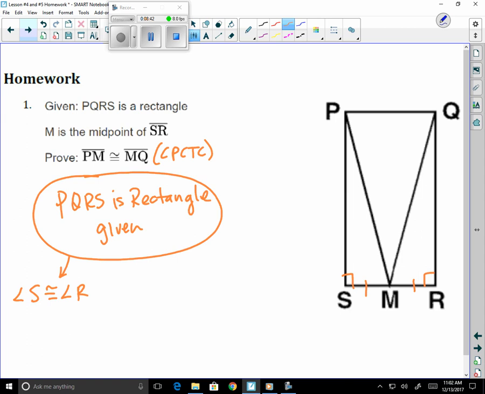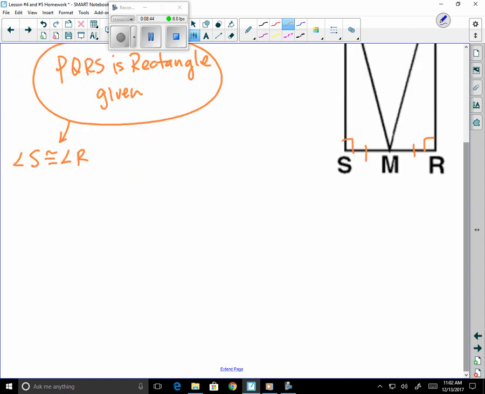So I can say that right in my proof. So I could say in a rectangle, helps if I spell rectangle right. In a rectangle, all angles are congruent.